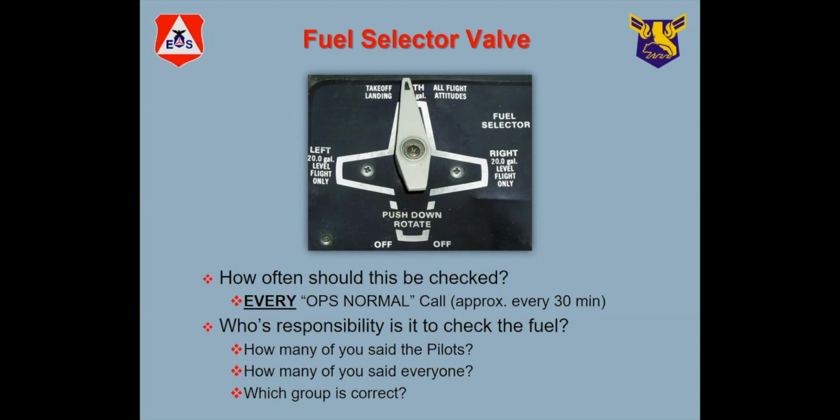So it's important to check all the time, or periodically, suggested every 30 minutes, to make sure it didn't get inadvertently knocked into the wrong position, pointing to the right tank, for instance, or the left tank, and you exhaust all the fuel out of that tank, haven't looked, and all of a sudden you hear the engine, instead of going, it goes, and then somebody goes, uh-oh, we've got a problem.